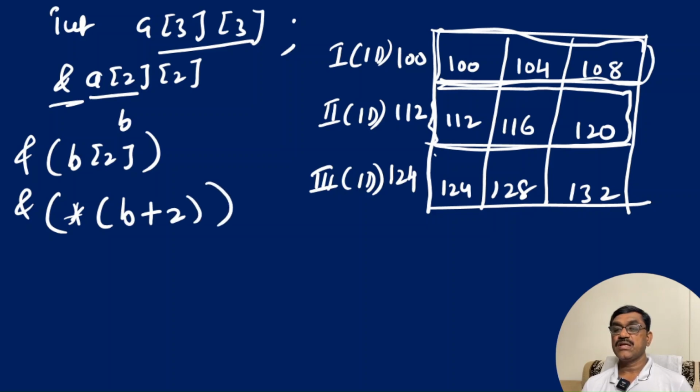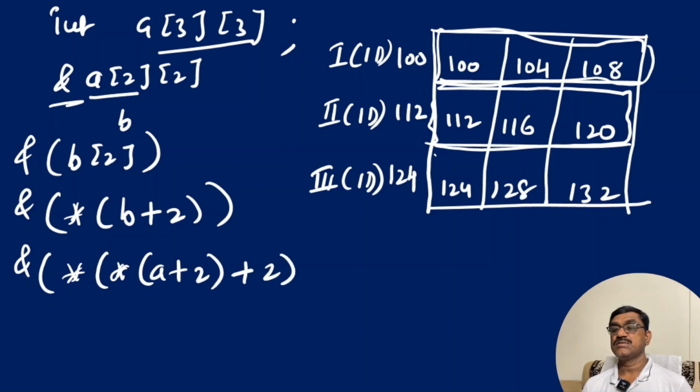The same thing I can rewrite as &*(B+2), which can be written as &*(A[2]+2). Here I am writing +2 as it is. In place of B, I have substituted A[2].